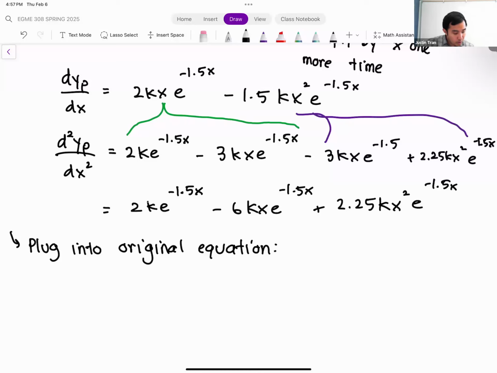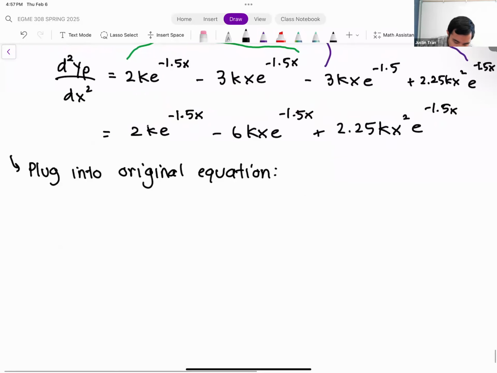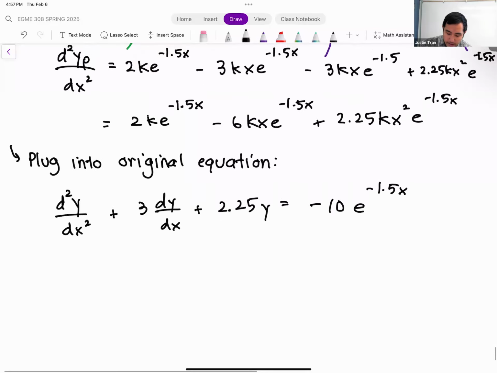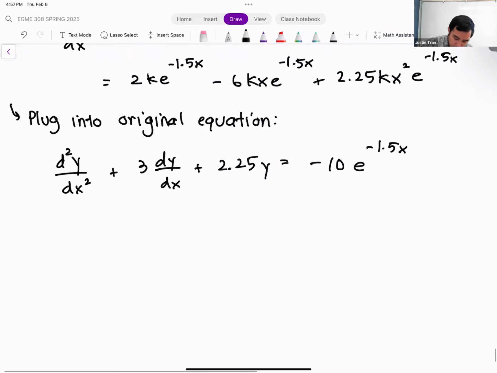Let me just write out the original equation again. We have d squared y dx squared plus 3 dy dx plus 2.25 y is equal to minus 10 e to the minus 1.5x. So let's plug in. First, let's plug in for d squared y dx squared, which is conveniently right at the top of the screen there.